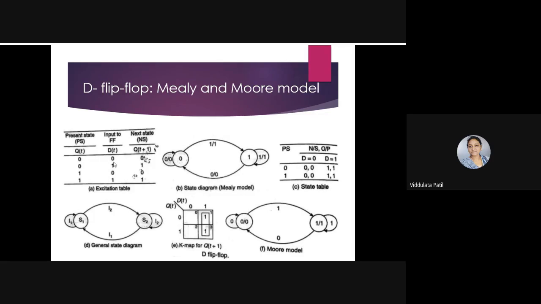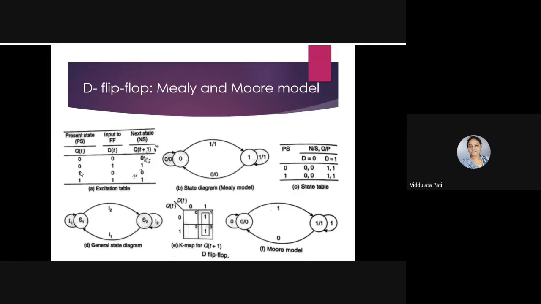Whenever the present state is equal to 0 and the input is equal to 0, the next state will be equal to 0. Whenever the present state is 0 but the input to the flip-flop is 1, the output is going to change, or the next state will be 1.